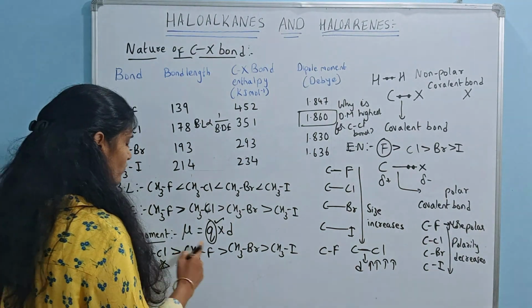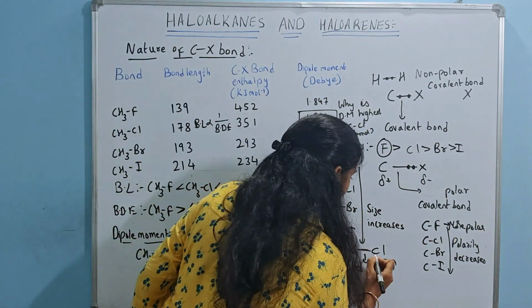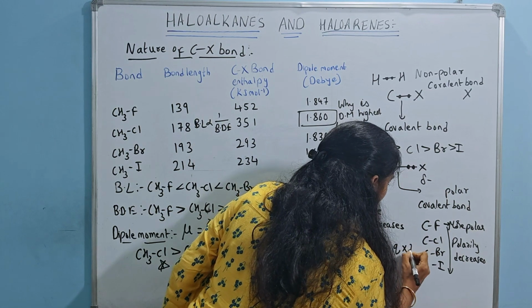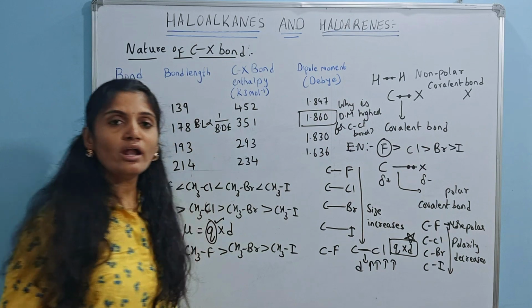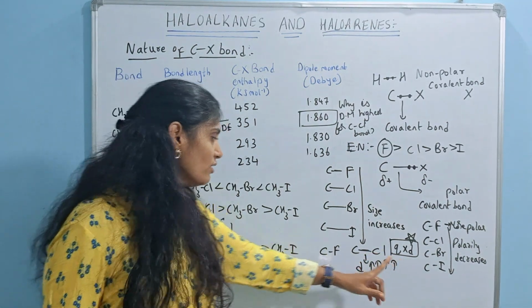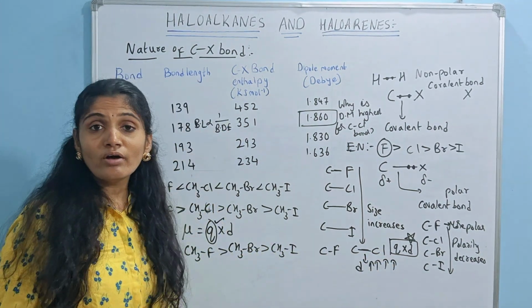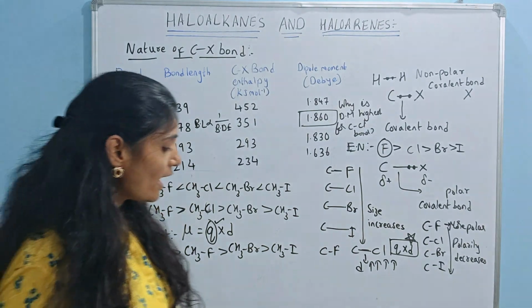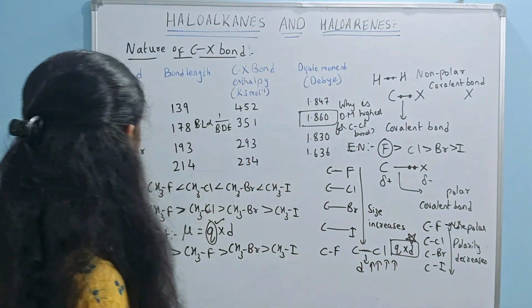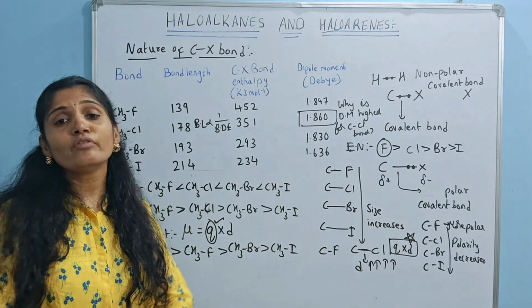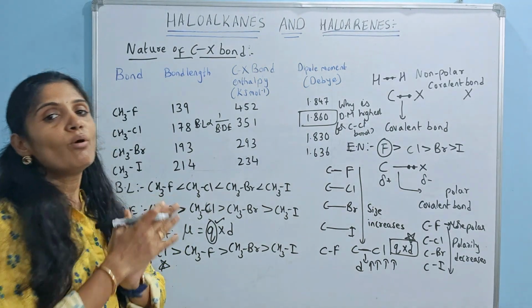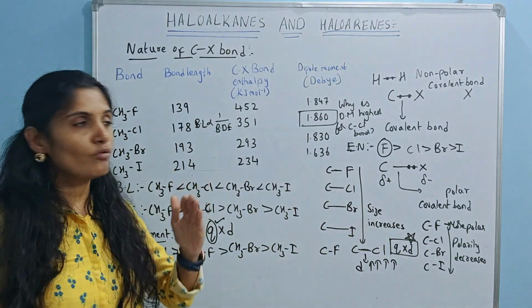Now if you see here for carbon chlorine bond, in Q into D factor, D predominates over your charge factor. That is the reason the CH3Cl molecule has the highest dipole moment, because the carbon chlorine bond length highly dominates the polarity factor of the carbon fluorine bond.